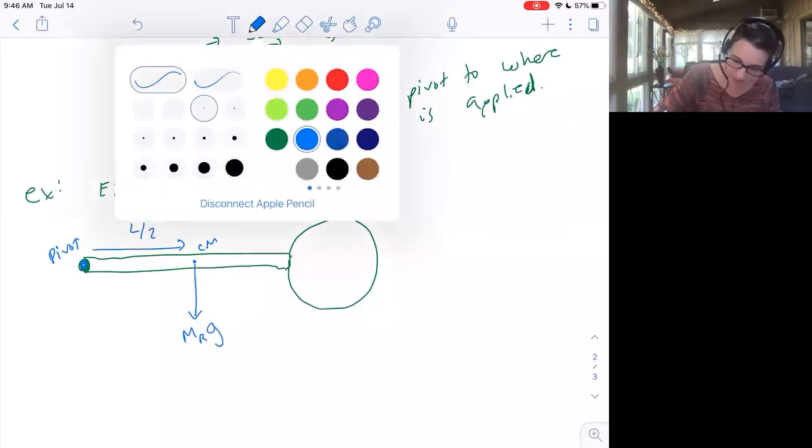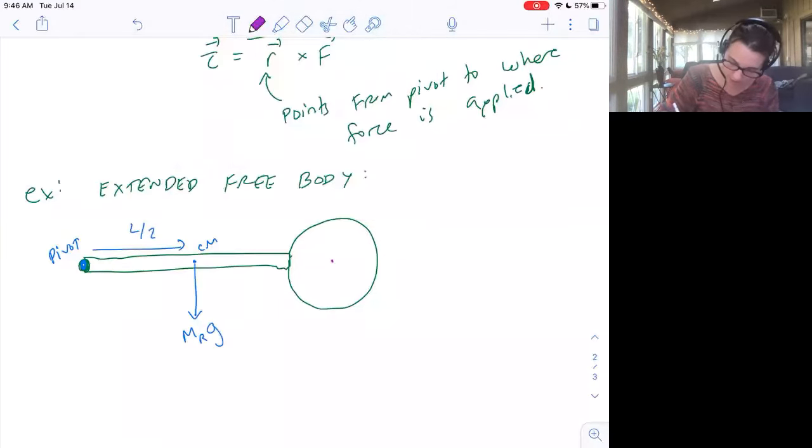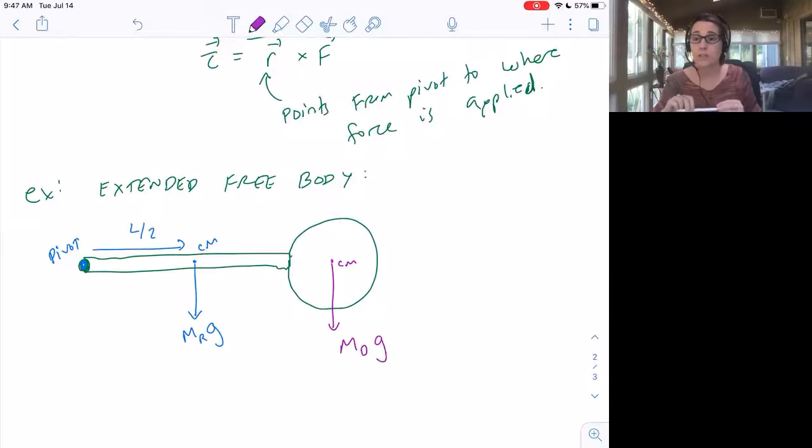And then let's say over here, the disk, its center of mass is at its center as well. So let's say it has some mass of the disk times g, that's its force, acting downwards. So what are you going to assume then is the torque? For that torque, you would have to use the R that points from the pivot to where the force is applied.